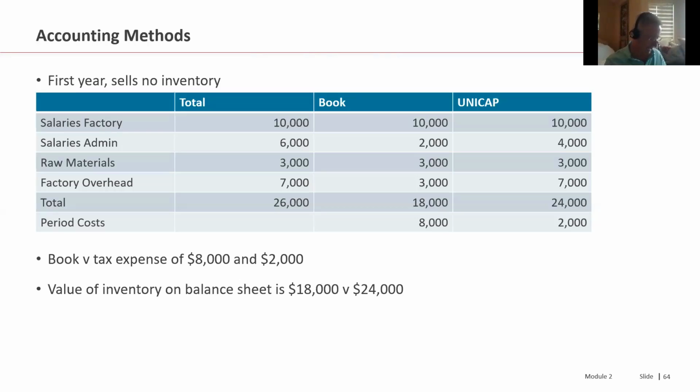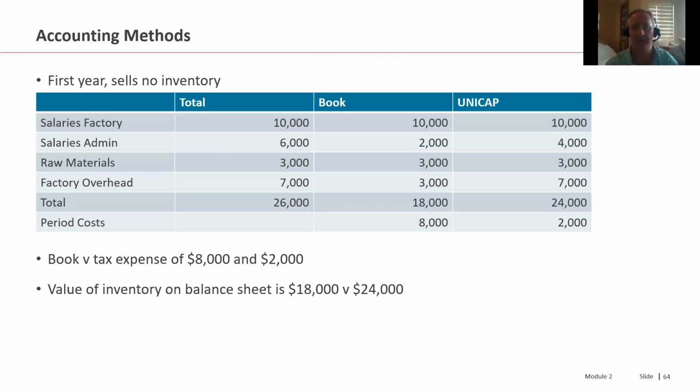However, under UNICAP, since the tax law almost always forces you to capitalize more costs than you get to deduct, I end up putting more of those overhead costs into inventory. Notice that the admin salaries, 4,000, end up in inventory instead of 2,000. Factory overhead, all of it ends up in inventory instead of just 3,000.